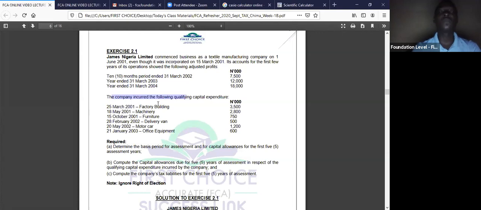We have factory building used for business purposes. We have machinery. We have furniture. We also have delivery van. We have motor vehicle, and we have office equipment.